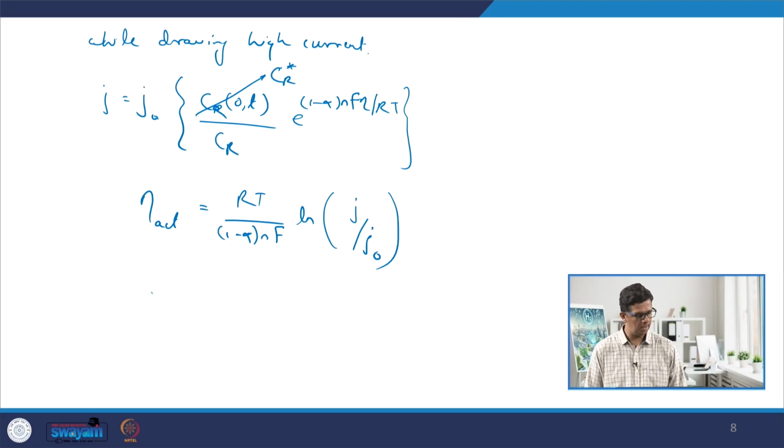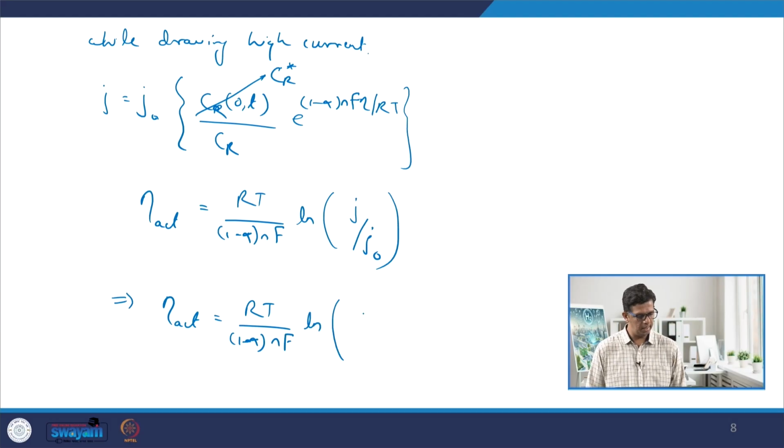So eta activation is RT by 1 minus alpha NF ln of J, which is the actual current drawn from the cell when we have CR star as the concentration of species available at the reaction site. So we can replace this J by CR star, and J naught is again the exchange current density.